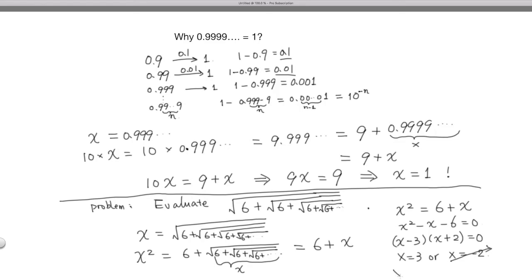So the final value of the square root of 6 plus the square root of 6 and so on equals 3, which is by no means an obvious result. But here we go, we have this technique. Because there are infinite terms, you can use it to get the value. I hope you enjoyed it.